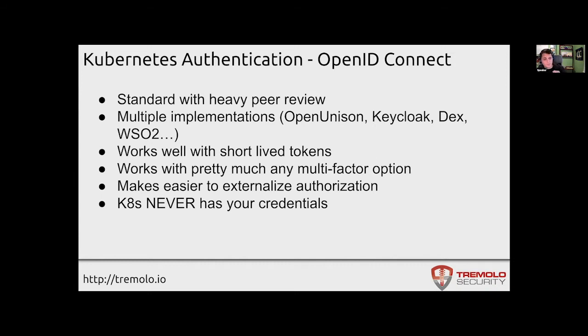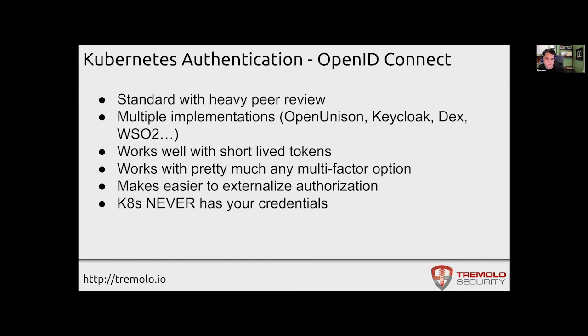I think it was Google, like 2 years ago, that published a paper on how they were able to cut down phishing attacks by like 98%, some ridiculous amount, with software tokens. And it was like 100% with hardware tokens. So multi-factor, and because OpenID Connect works through a web browser, you have an unlimited range of multi-factor options that you can work with.